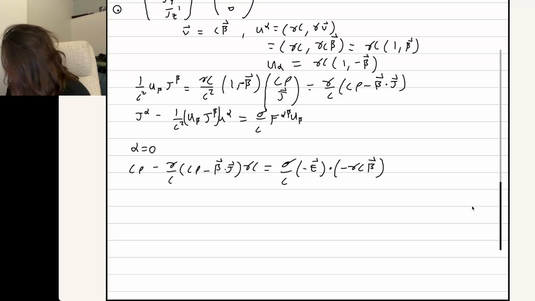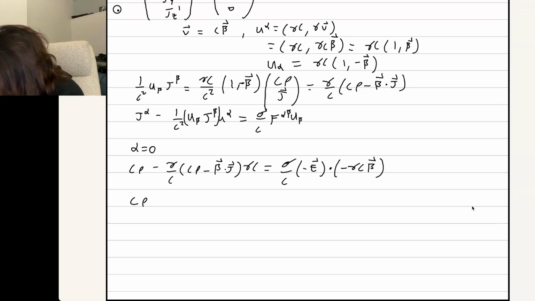So we're going to simplify this a lot. We're going to say c rho minus, and then we're going to have gamma squared c rho. We're also going to have a minus gamma squared beta dot j. And then on the right hand side we're going to have sigma over c. Actually, the c cancels out.